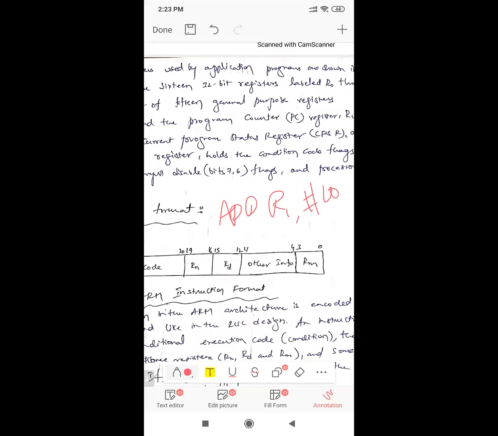Then the other information field is used to represent this immediate data. Like that, the other information is used to represent the immediate operand. If there is no immediate operand, these bits are set to 0. No need, all bits are set to 0. That is the instruction format.